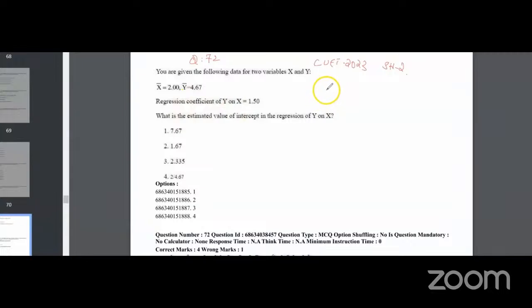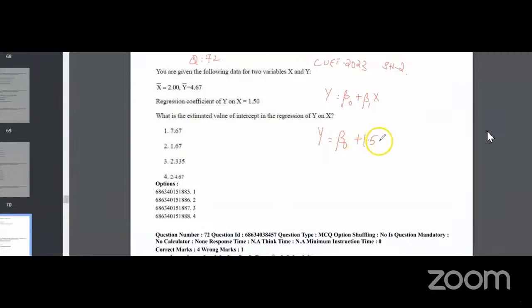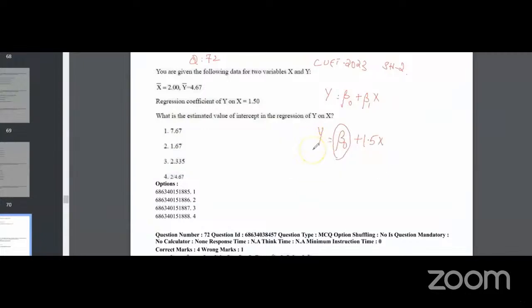So we have y is equal to beta naught plus beta 1 x as the line of regression. Now what are you given? y is equal to beta naught plus 1.5x. You are asked to find beta naught. The means lie on the regression line.